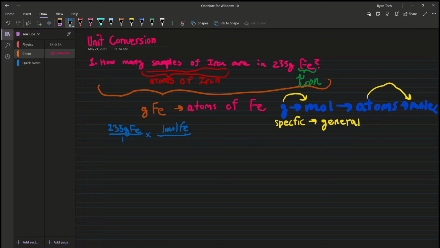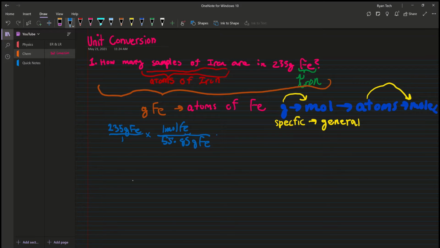So let's just say 55.85. So for every 1 mole of iron, there's 55.85 grams of iron.